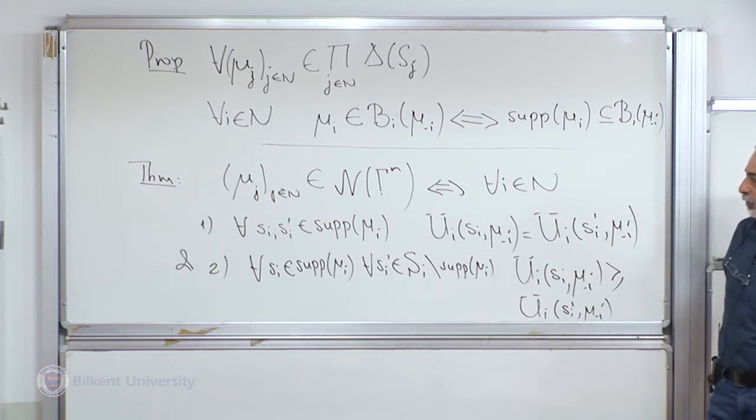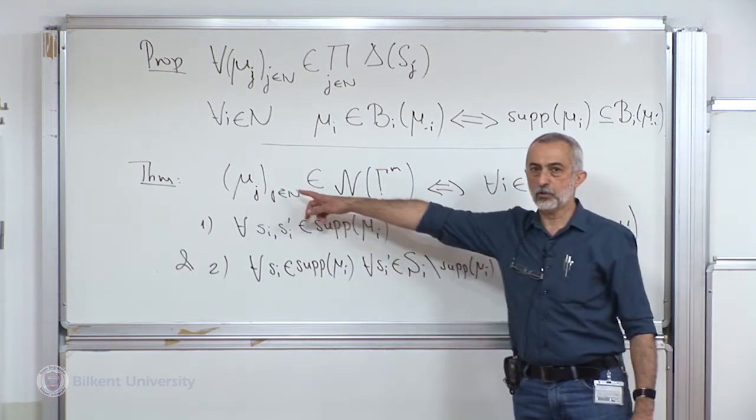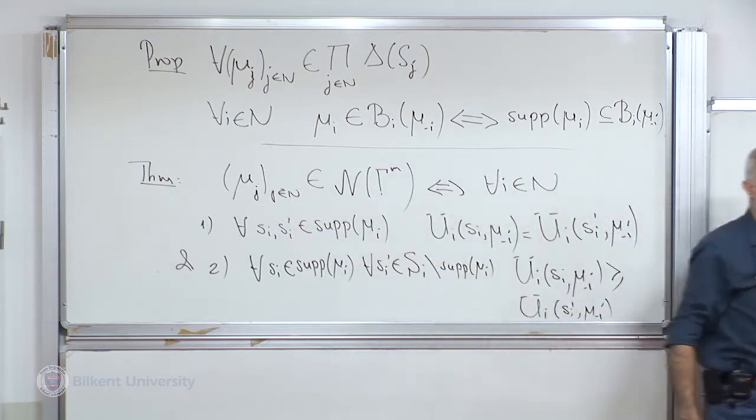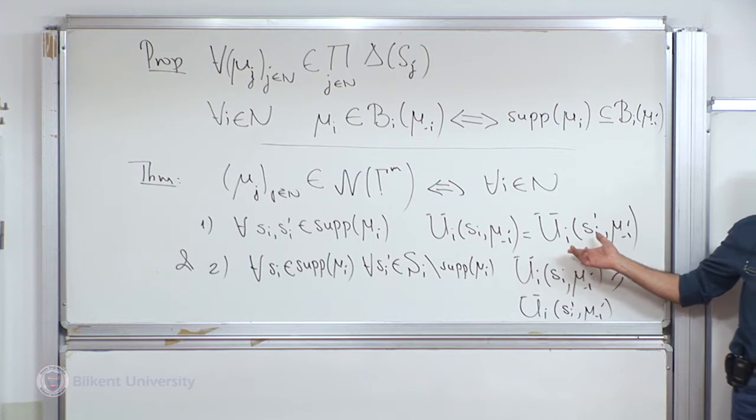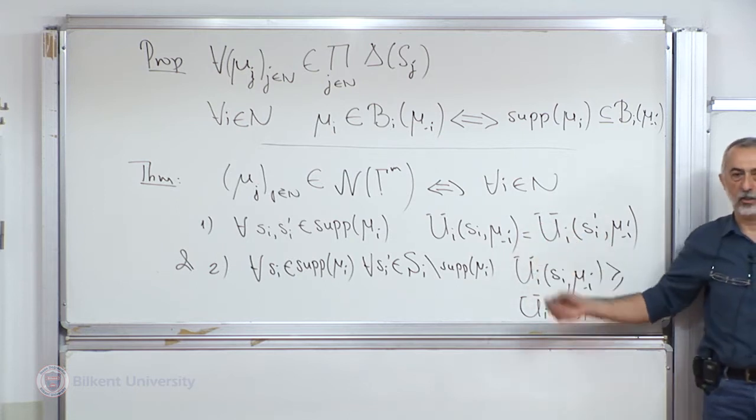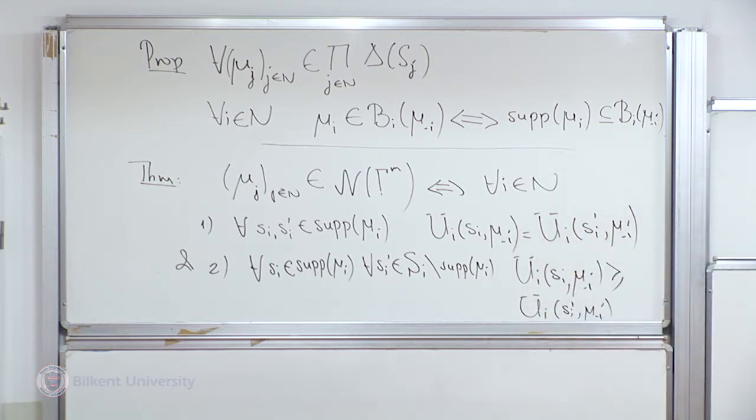So to find Nash equilibrium, all we have to do is find mixed strategies which satisfy these conditions, which mathematically is not hard. There are a bunch of equalities and inequalities, all linear. Okay?